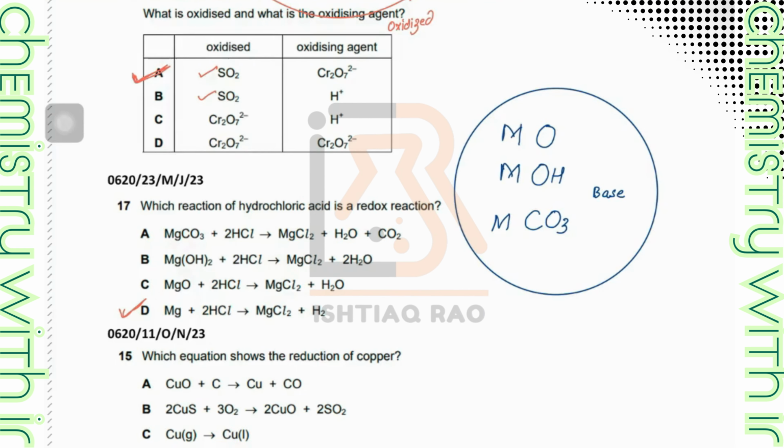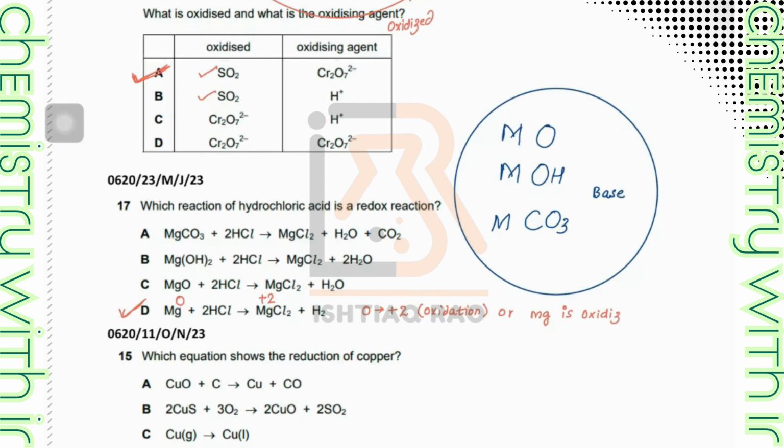But why? You can see the charge on magnesium is 0 and then the charge on magnesium is +2. Magnesium is changing from 0 to +2. Increase in charge means oxidation, so magnesium is oxidized.